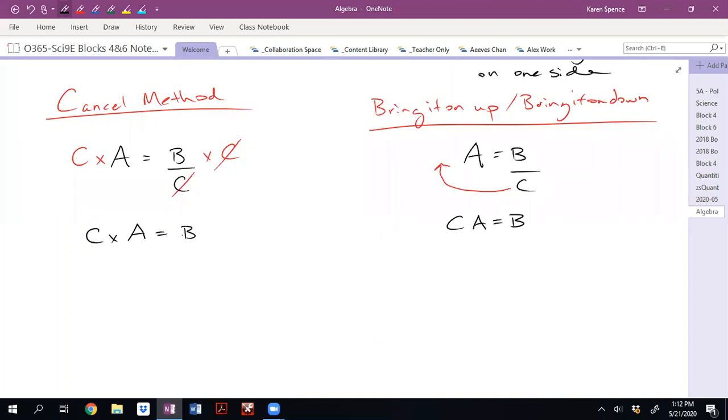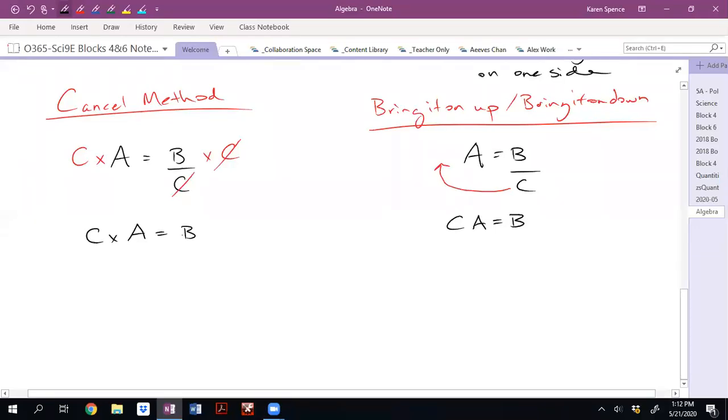This time we've been asked to solve for C. So what's cluttering up C at this point? What is cluttering up C? Yeah, absolutely. A is cluttering up C.